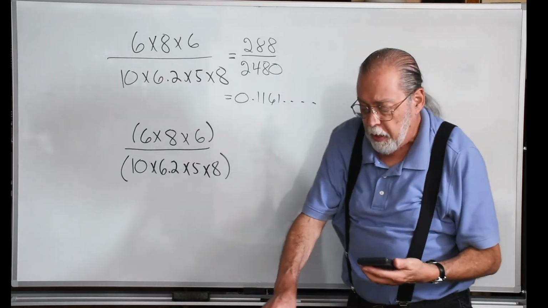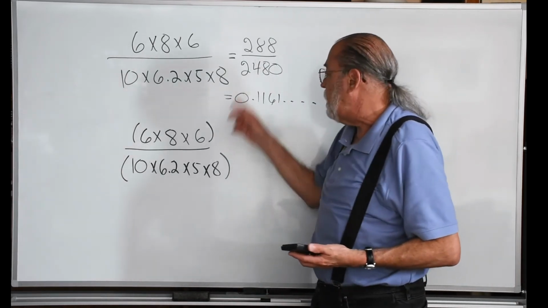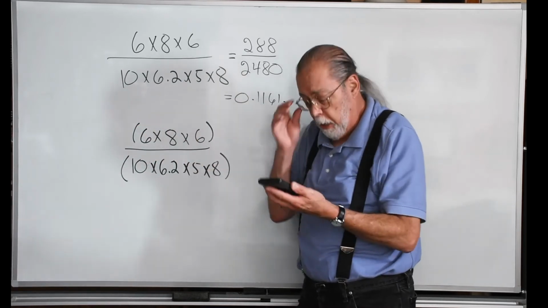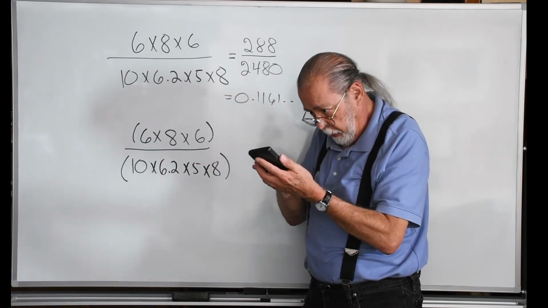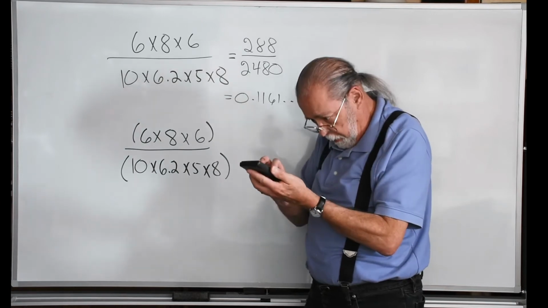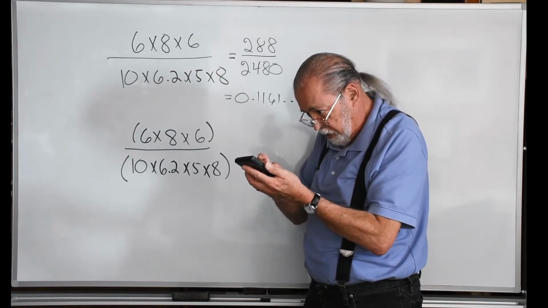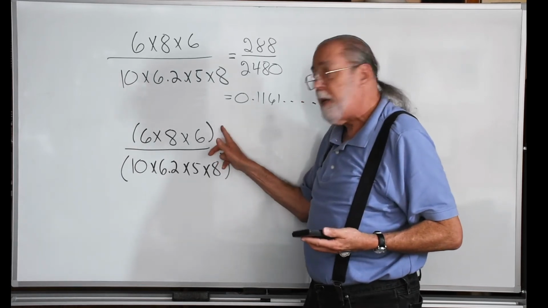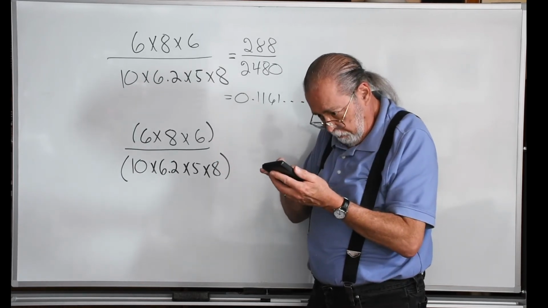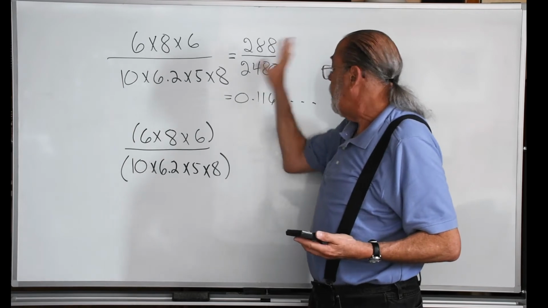So if I do this now, I do not have to do any copying. I enter the left parenthesis, and then I enter 6 times 8 times 6. Then I enter the right parenthesis, and it just calculated this, and I don't copy it.